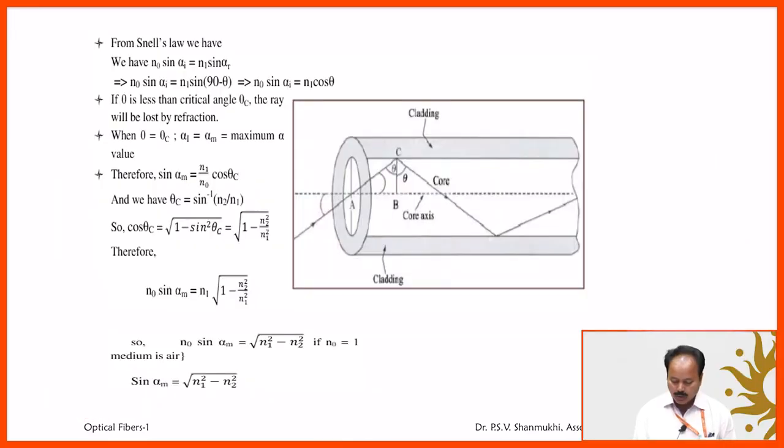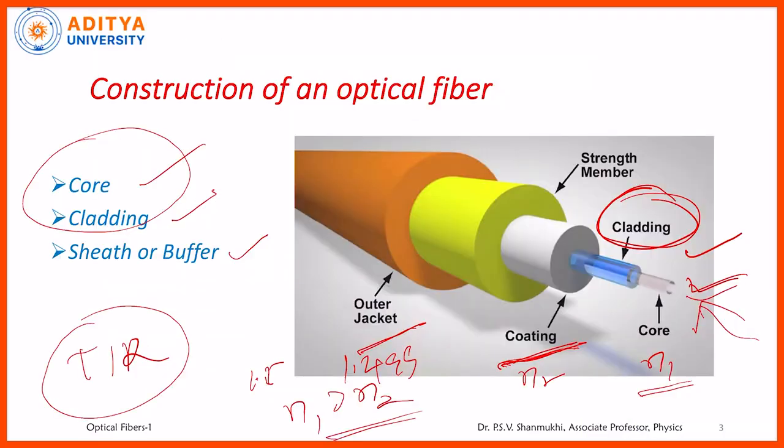Coming to total internal reflection, just observe: this is the denser medium of refractive index mu2 and this is the rarer medium of refractive index mu1. When the light is travelling from denser to rarer, it bends away from the normal. Say the incident angle is i and the angle of refraction is r.